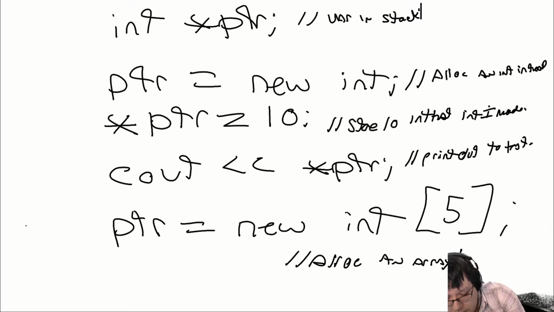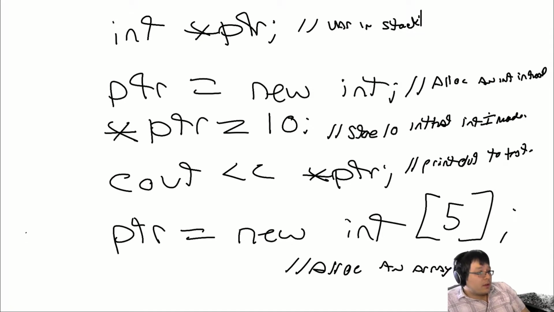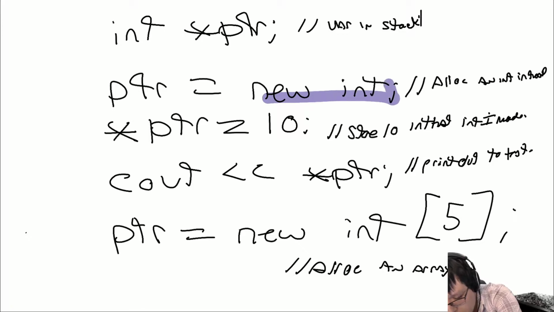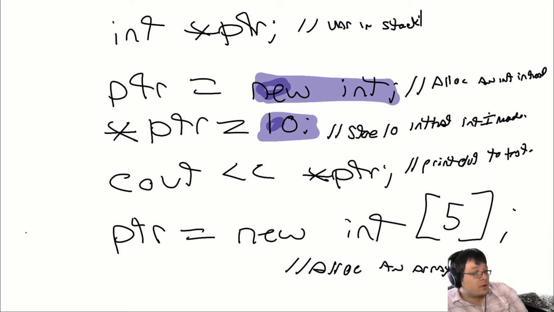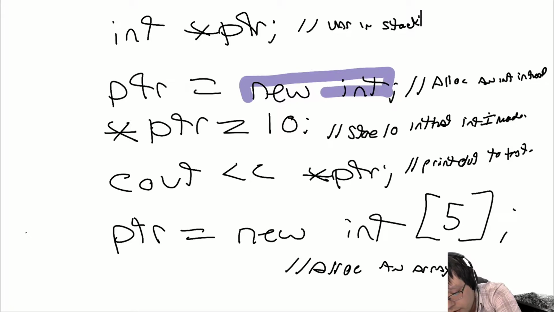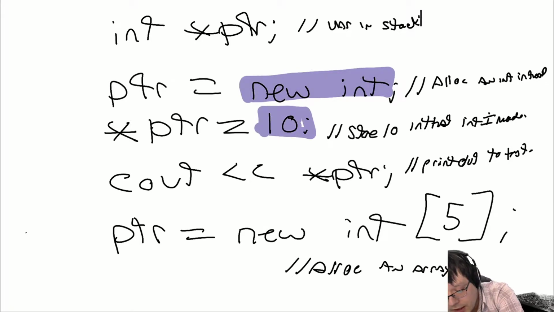But now I have a question for you guys. What happened to this integer that has a 10 in it? Where's that integer at? I mean, it has an address, and the operating system was kind enough to give it to us.